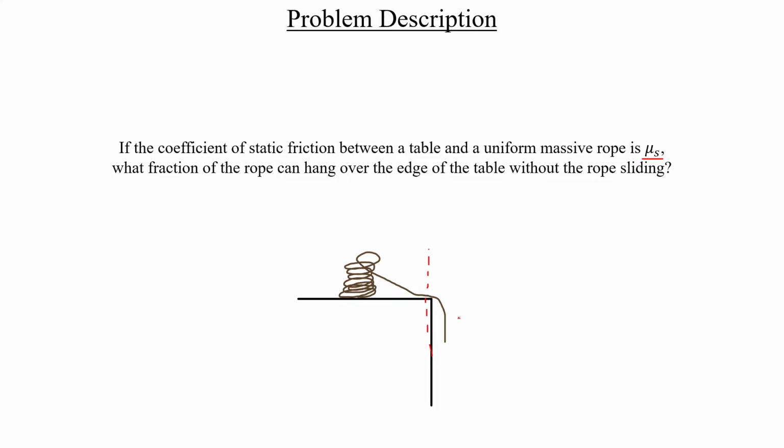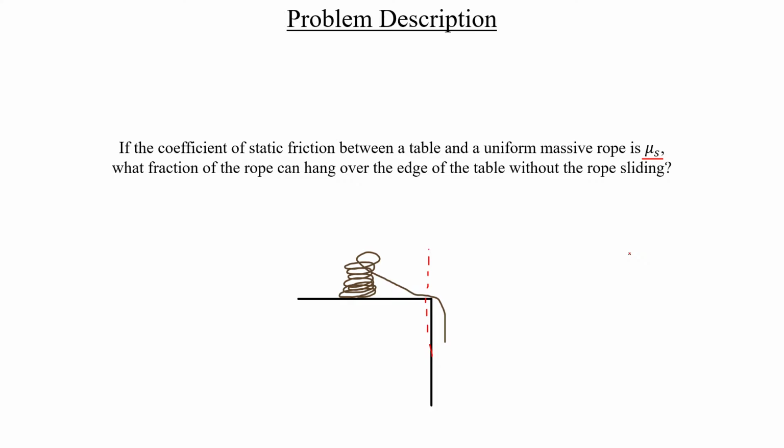The idea is to use free body diagrams to figure out all the forces on these two parts and do Newton's second law and see if we can get a result that only includes the coefficient of static friction.